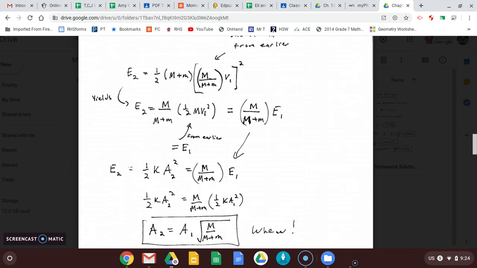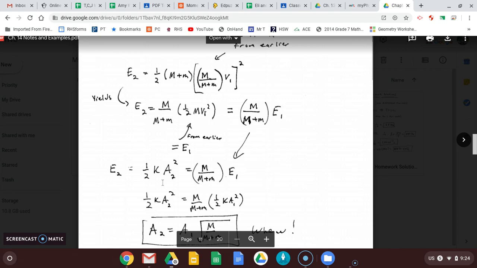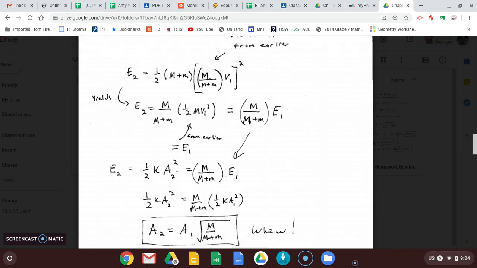And remember, at any time, the total energy is 1/2 k times the amplitude squared. So E2 is just going to have amplitude 2. This is going to be the new amplitude. Once that putty gets dropped on top of it, it's not going to have the same amplitude as it progresses as it would have if that putty did not fall onto it. So now I finally have a kind of ugly expression I could solve for a sub 2 in terms of what I wanted.